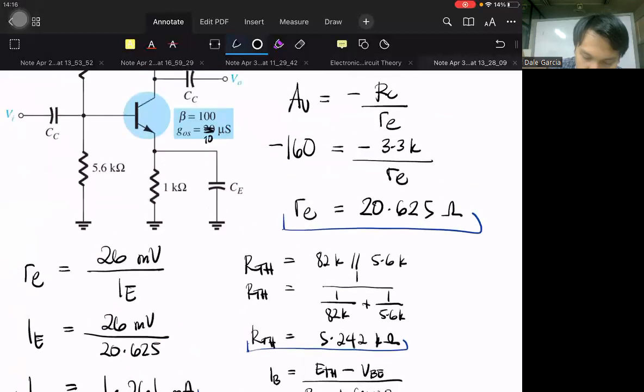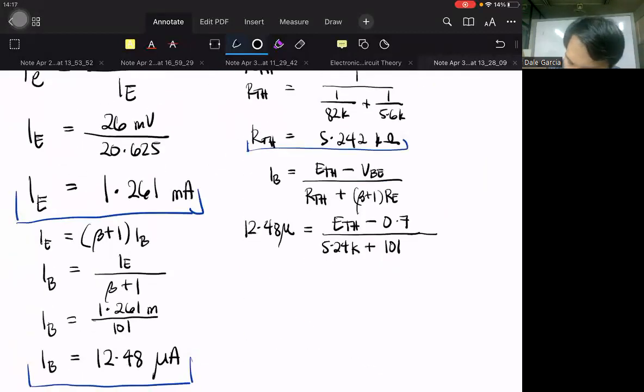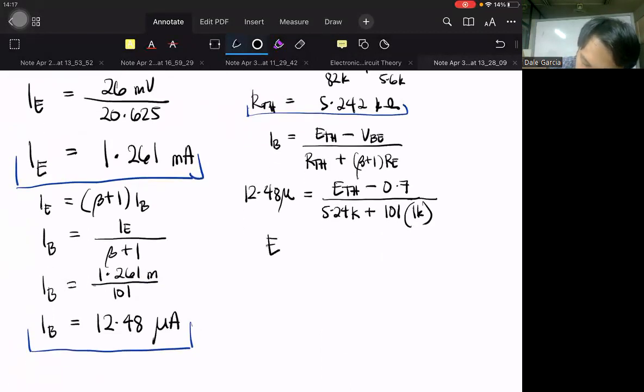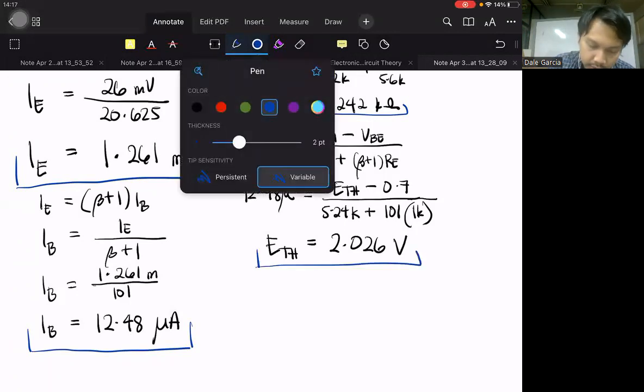RE is given 1K. Shift solve. ETH can be obtained. 2.026 volts. Daog na.